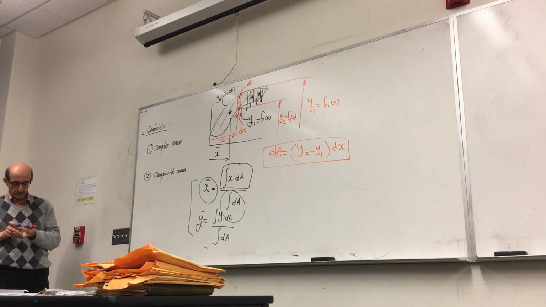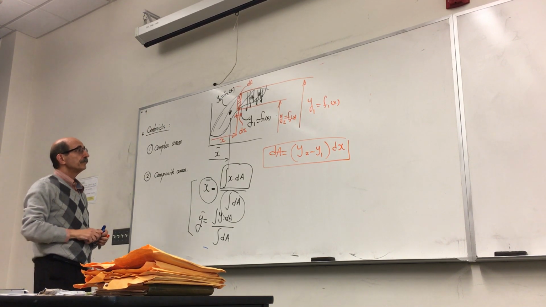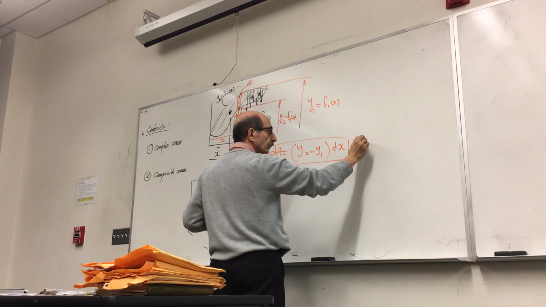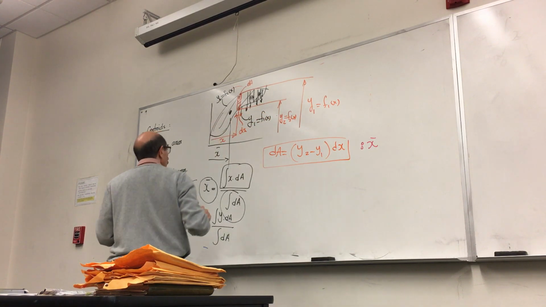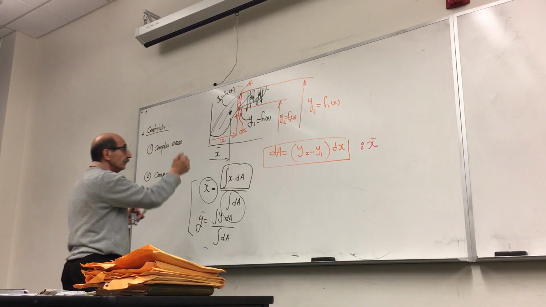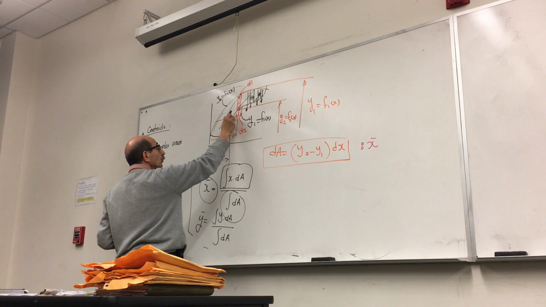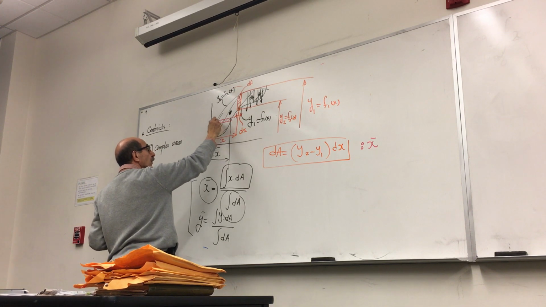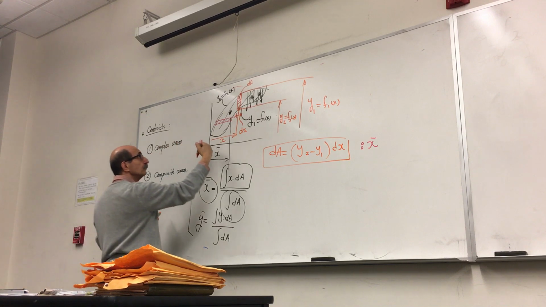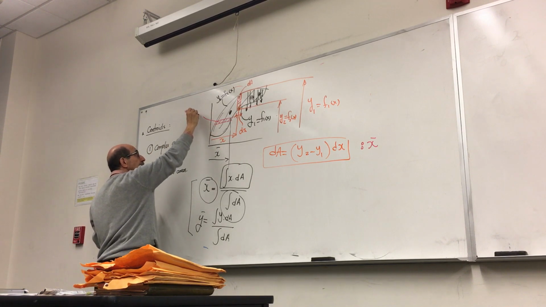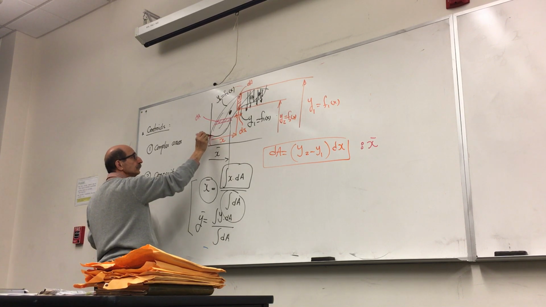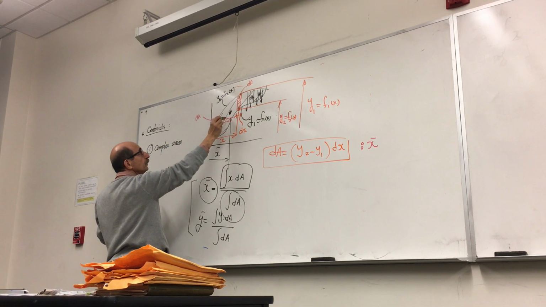For y bar, you consider, so this is for x bar. For y bar, you consider a differential area whose sides are parallel to the x-axis. In other words, this dA varies from here, the lower bound, to the upper bound, okay?